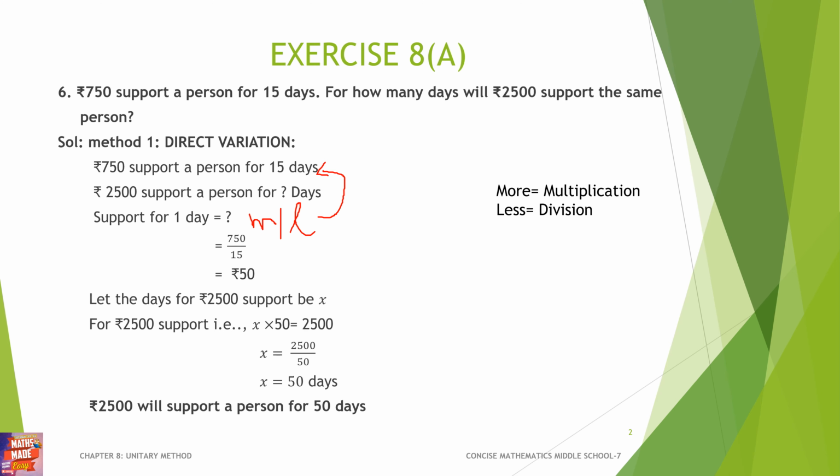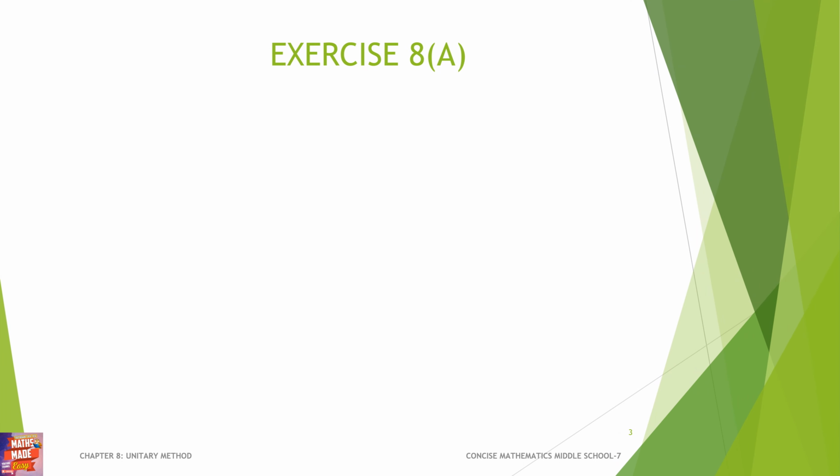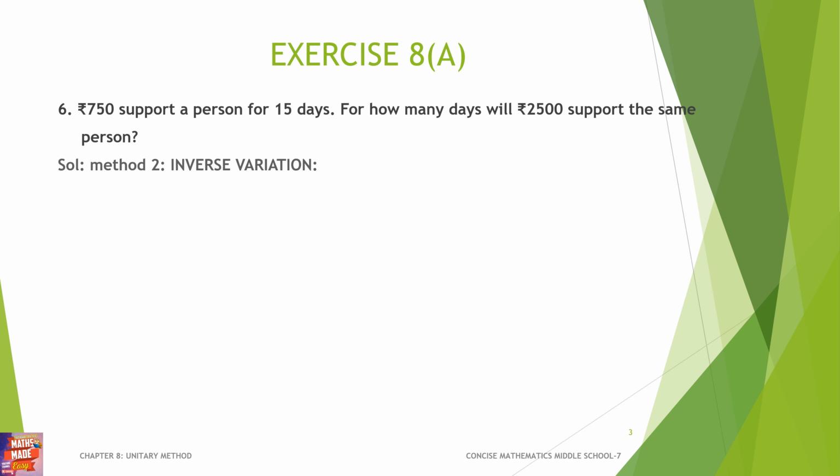Now the same problem you can do in the inverse variation method. Just write down the top headings, that is rupees and days. Just write down the data which is given over there: 750 for 15 days and 2500 for how many days, right?